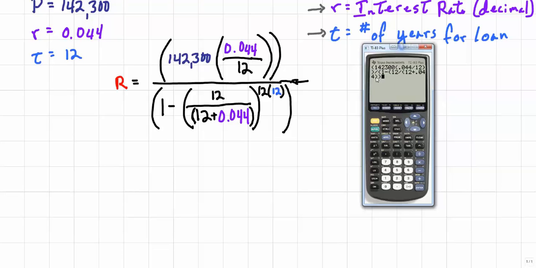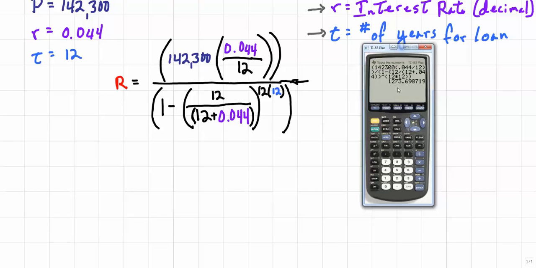This one right here where the arrow is closes this parenthesis. This second parenthesis closes this parenthesis, and now I can do my exponent. I'm going to use the exponent key right here, which looks like a hat, and then I'm going to do 12 times 12. I need both of those to be part of the exponent, so I'm going to open parentheses and close parentheses again, and then I'm going to finally add this outside parenthesis, and then I will hit enter.